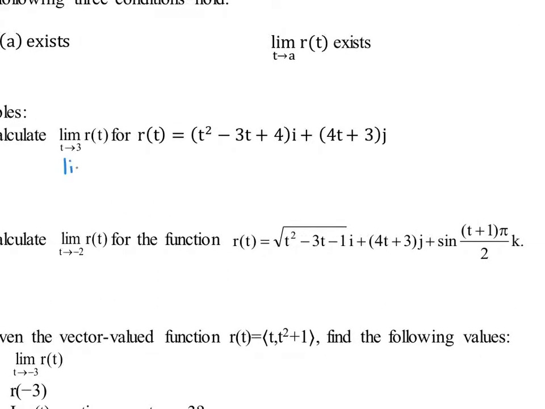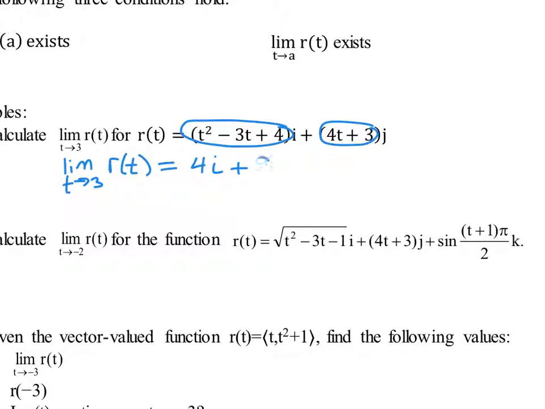We're looking for the limit as t approaches 3 of r of t. That's going to be equal to, well, I'm going to pop in a 3 for each value of t in this one here and this one over here. So we're looking at 9 minus 9, so 4i plus 9j. All right, so it's direct substitution.